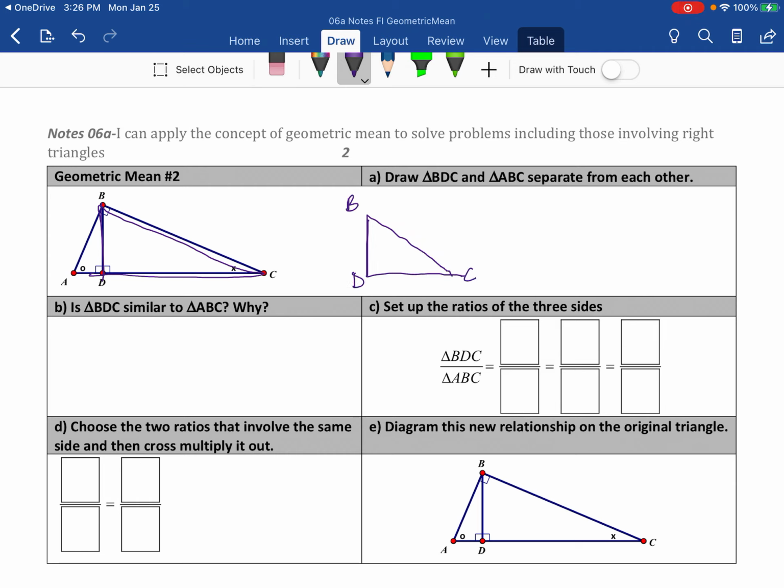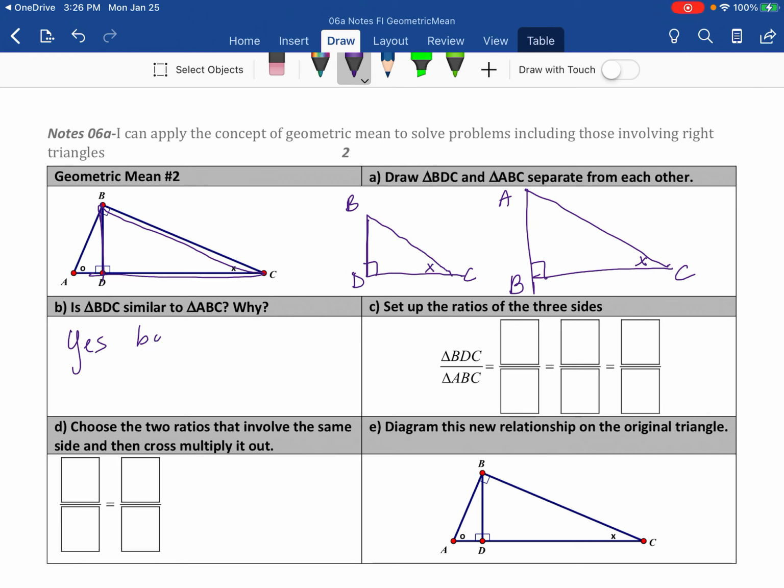So this is BDC. Okay, and then I'm going to draw another triangle oriented the same way, and this is going to be A, B, C. I noticed that there's a little X on this one. On my biggest triangle, there's a little X here. So are they similar?